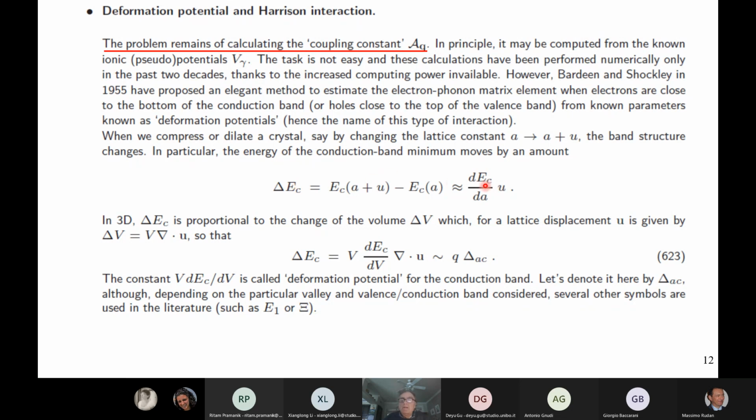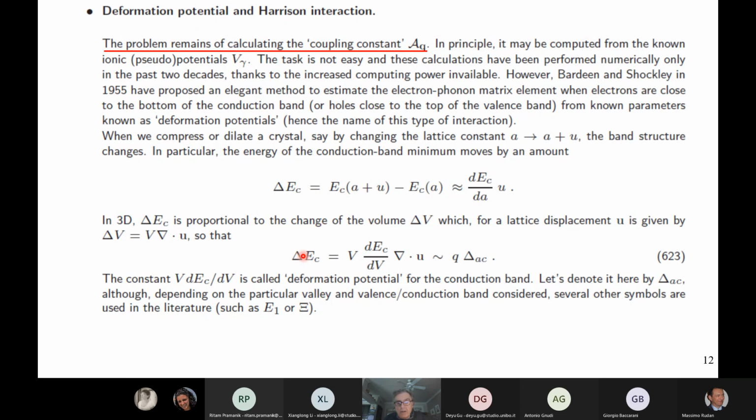This will give us the strength of the interaction. Notice this parameter has units of energy per unit length, which is indeed the same dimension that we had for our coupling strength of the electron-phonon interaction.